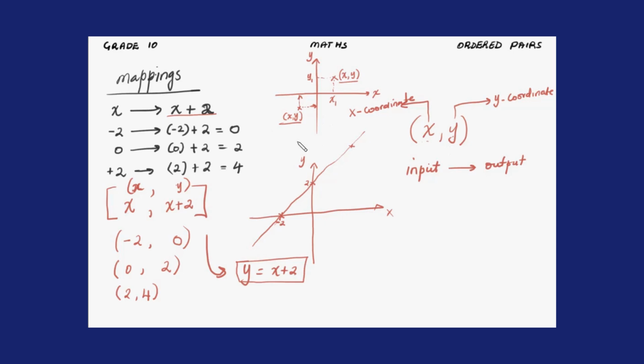Are we together? So that is basically what we mean by ordered pairs. Now, let me show you this now. Sometimes our sets could be sets of ordered pairs.